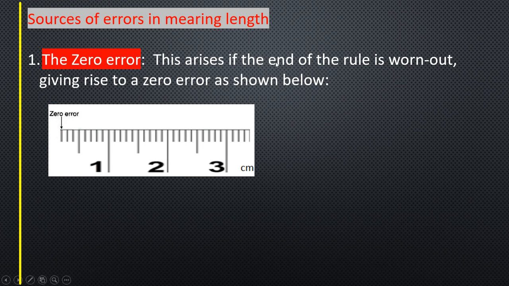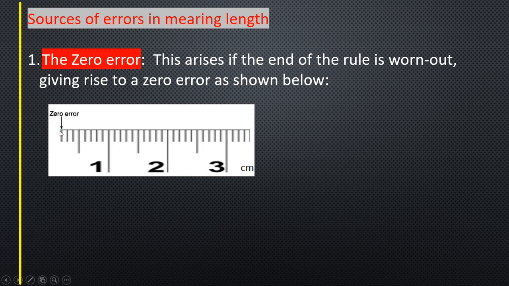this arises if the end of the rule you are using is worn out and giving rise to a zero error as shown. For example, we know that between 1 and 2 there are 9 divisions: 1, 2, 3, 4, 5, 6, 7, 8, 9. Then you come to 2. But when you say from 0 here, how many are these? 1, 2, 3, 4, 5, 6, 7, 8.